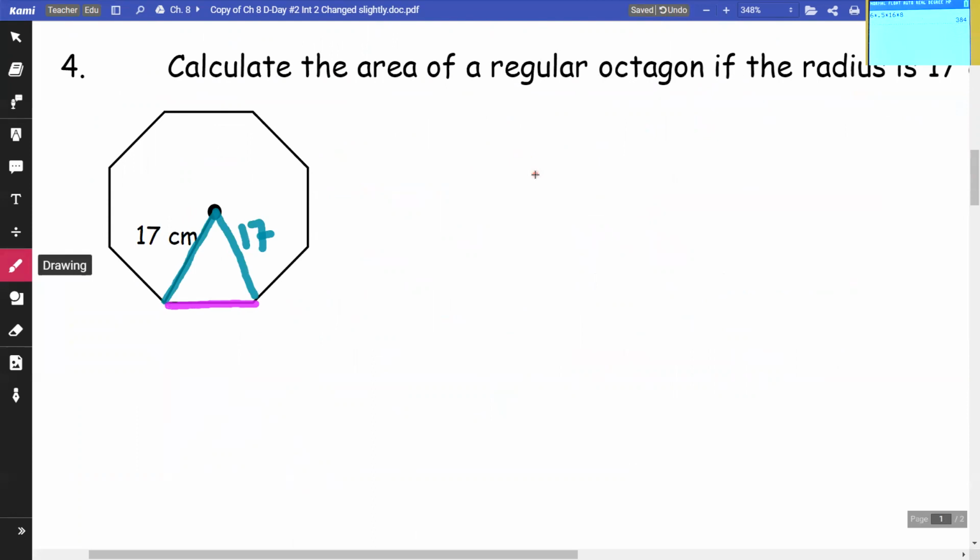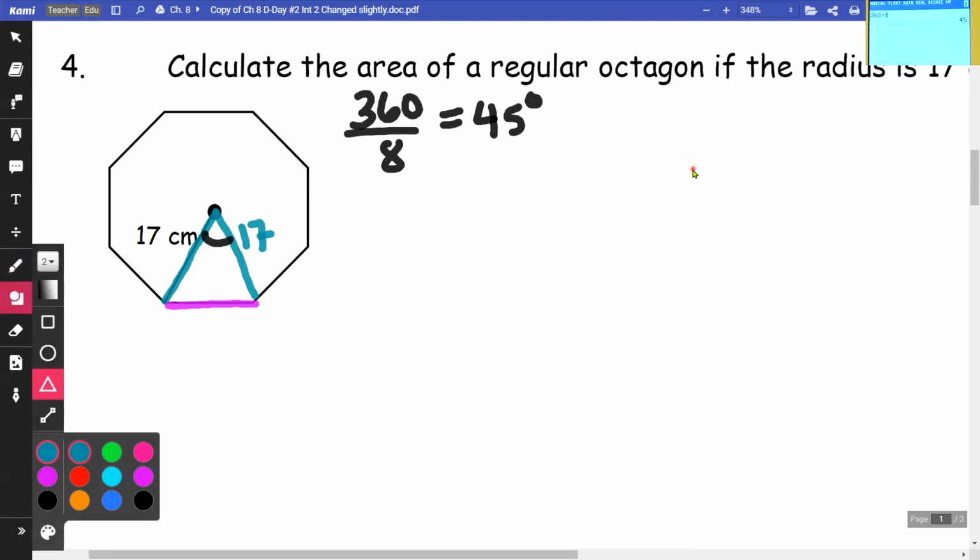Okay, so when I take 360 degrees divided by 8, I end up with 45 degrees. So this right here is 45 degrees.